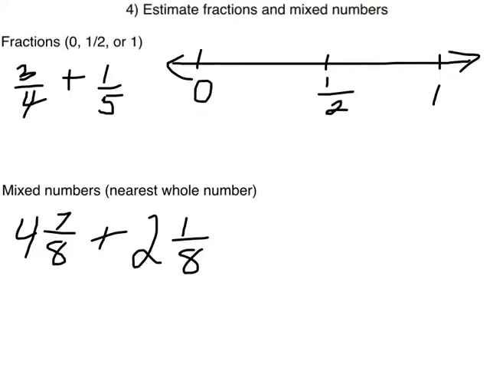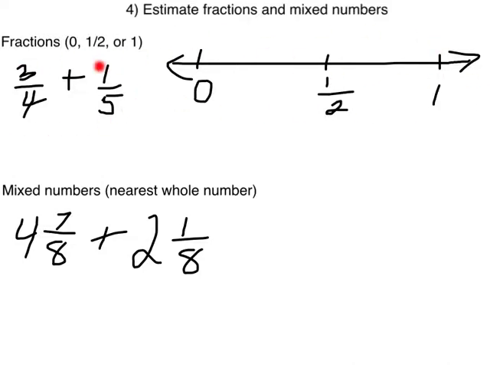So if we have 3/4 plus 1/5, we know how to solve that to find the actual sum, but we want to estimate first. We estimate to make sure our answer is reasonable. So let's look at our number line.